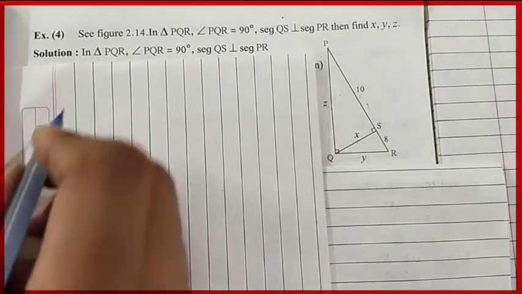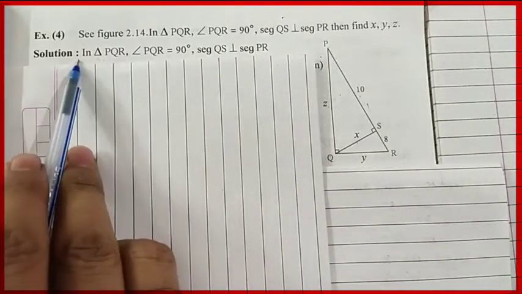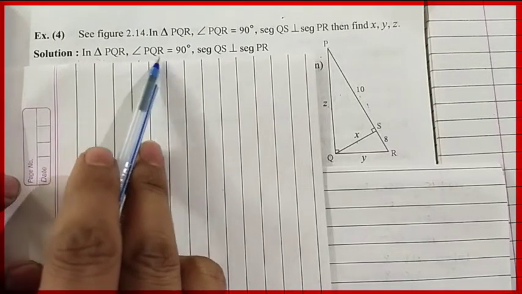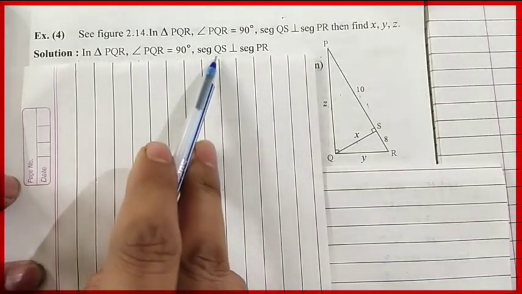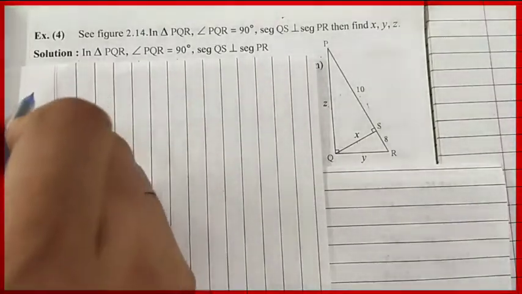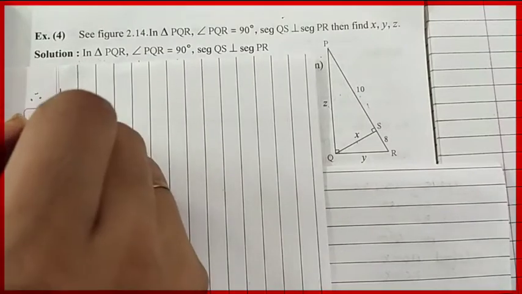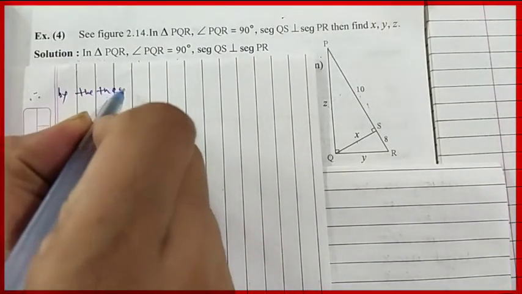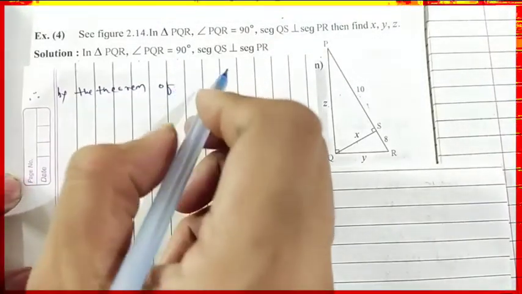Therefore, see here given in solution, in triangle PQR, angle PQR is 90 degree and segment QS is perpendicular on segment PR. Therefore, by the theorem of, which theorem?